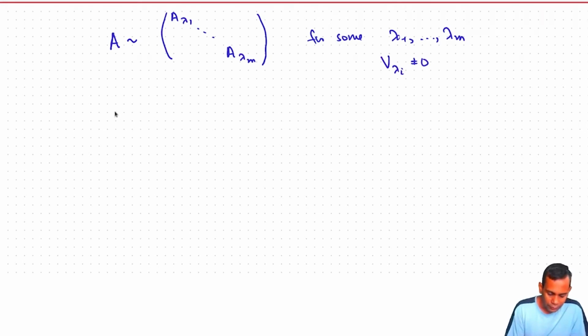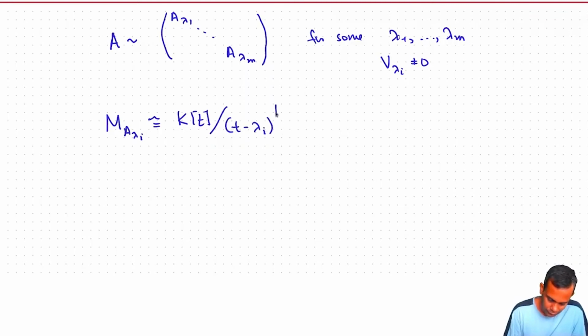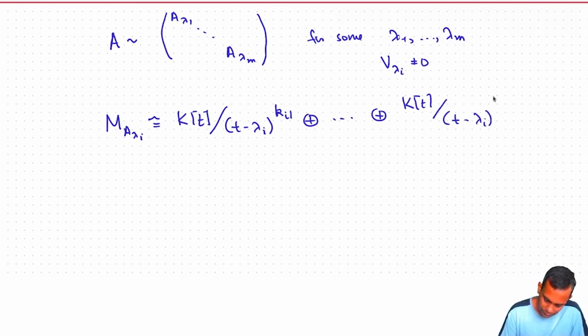And then what we have is that M_A,lambda i is isomorphic to K[T]/(T minus lambda i)^{k_i1} plus up to K[T]/(T minus lambda i)^{k_i r_i}.